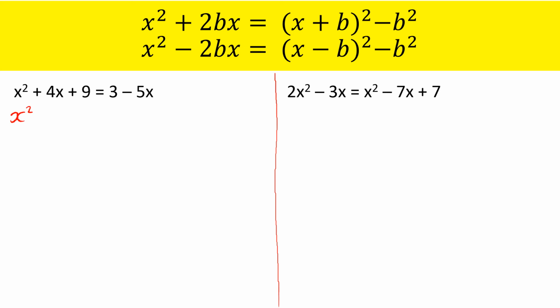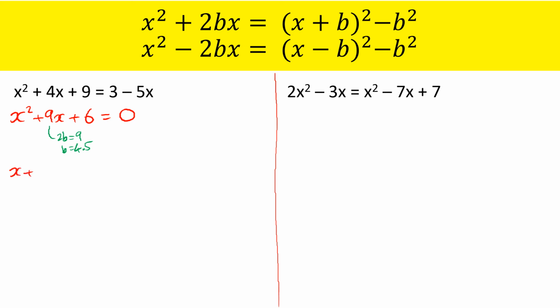We'll say x squared, and we need to add 5x, so we're going to have plus 9x, and we need to take away 3, so plus 6 is 0. And now we're in our completing the square situation, so here is our 2b. Our 2b is equal to 9, so our b is, let's use decimals, 4.5.